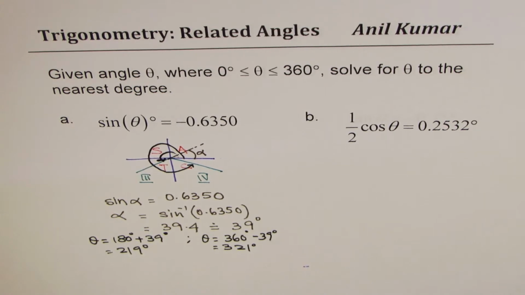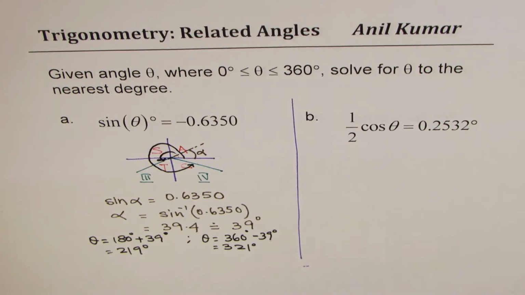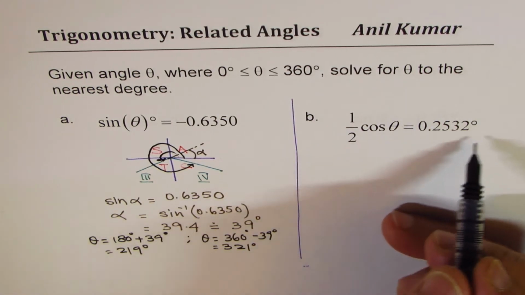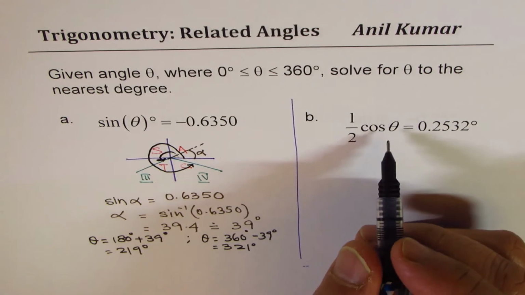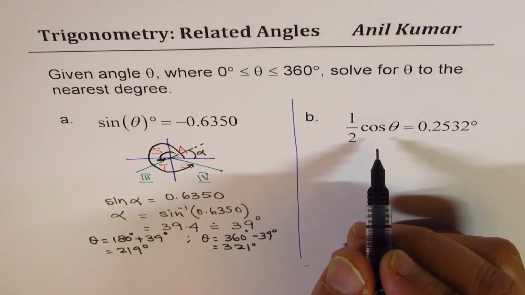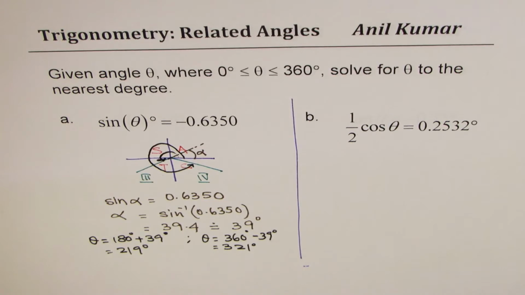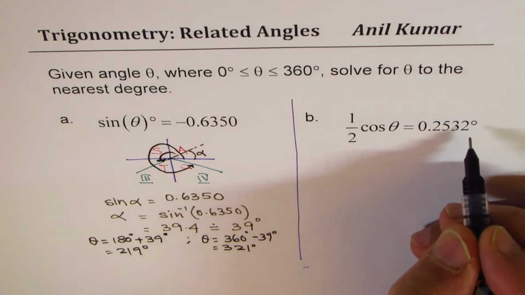Perfect. Now let us see how to solve the next question. Here we are given half of cosine theta is some value, correct? So what is cos theta equal to? There's a typing error here.